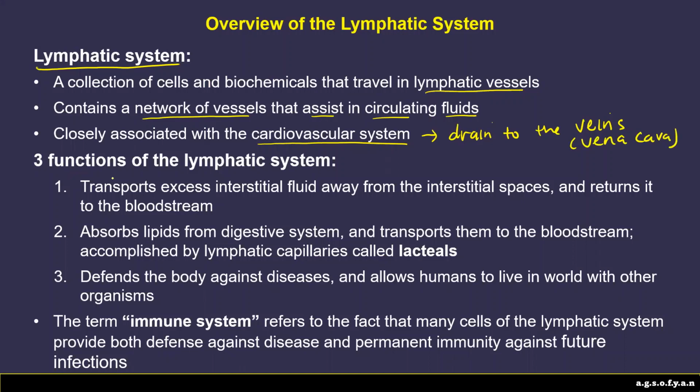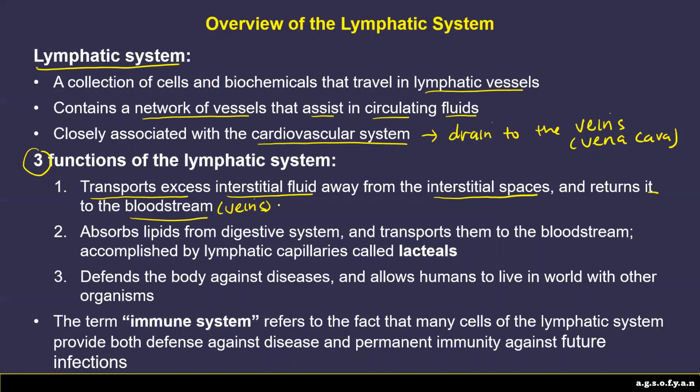There are three functions of the lymphatic system. The first one is to transport excess interstitial fluid away from the interstitial space and return it to the bloodstream, to the vein.